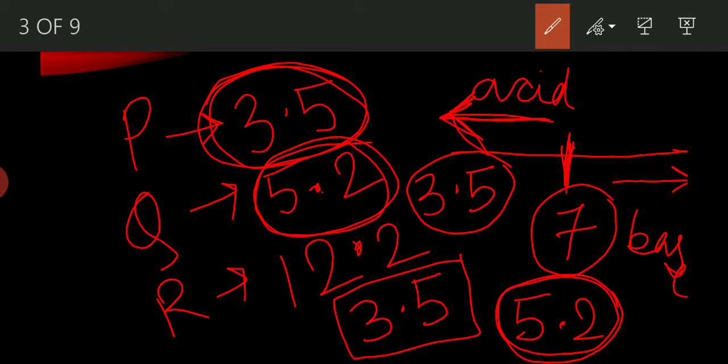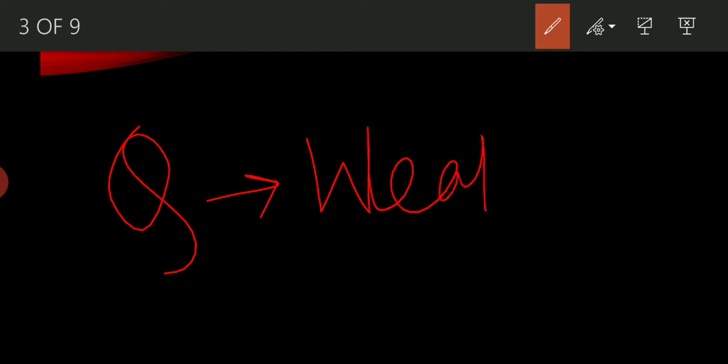As we move towards left from 7, the strength of the acid increases. So a solution having 5.2 is a weak acid. That means Q is a weak acid. Clear? Q is a weak acid.